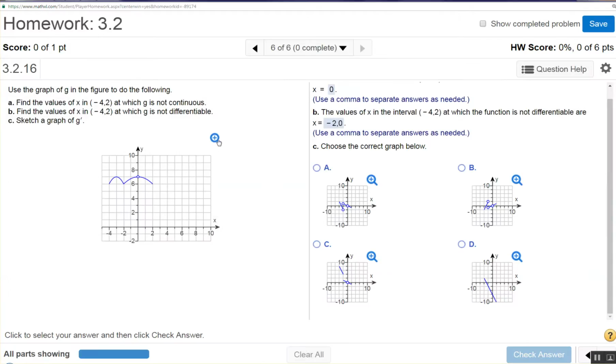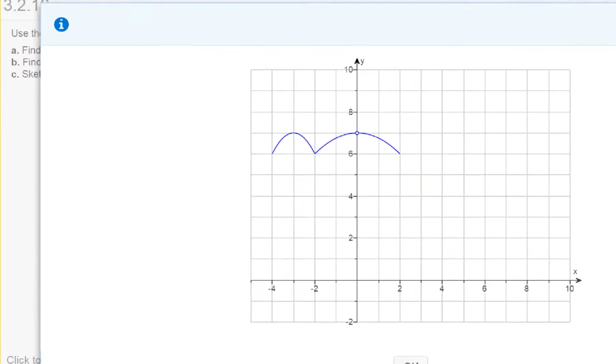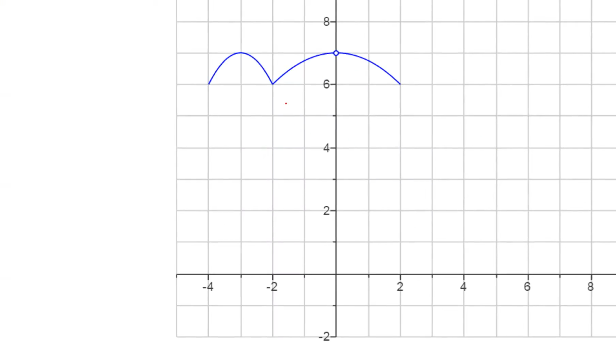And the last part is to graph g prime. Here, I'm trying to graph g prime in the same graph. Oftentimes, I would like to begin with where the function has a horizontal tangent line right here. So therefore, I'm going to put a point here. At the same time, if you look at this point of discontinuity, if this point is filled, then there should be another horizontal tangent line right here.